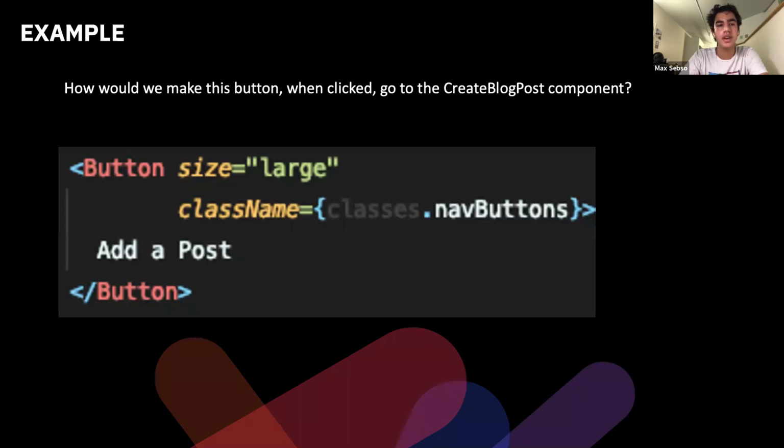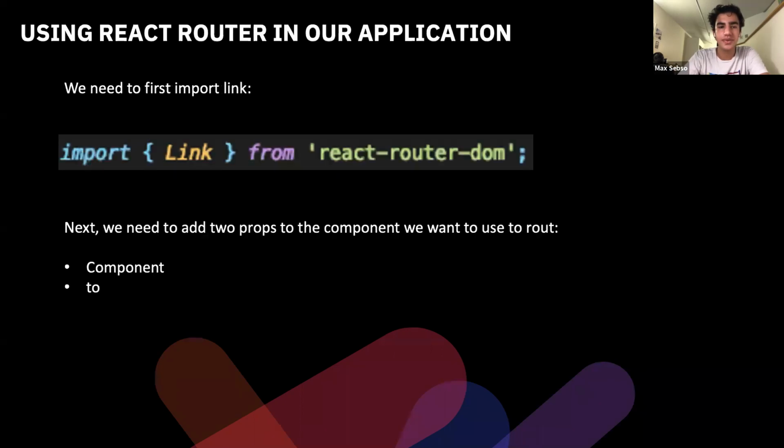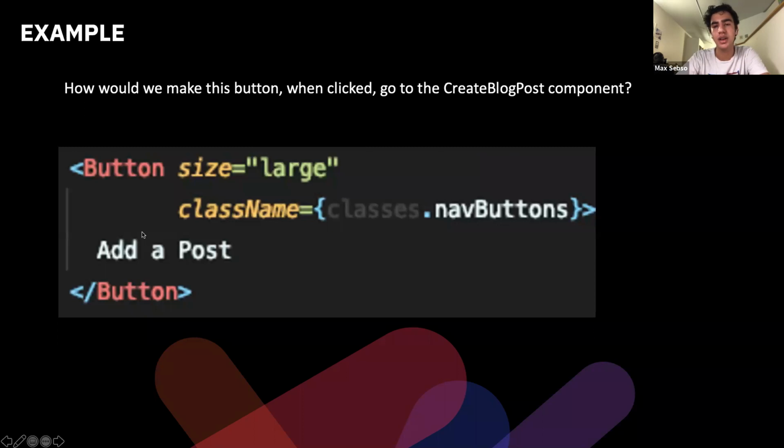So how would we make this button go to the create blog post component when clicked? I don't expect anyone to know this, but using the link we imported and these two props that we can add to the button, we can make this button link to the specific component we want.